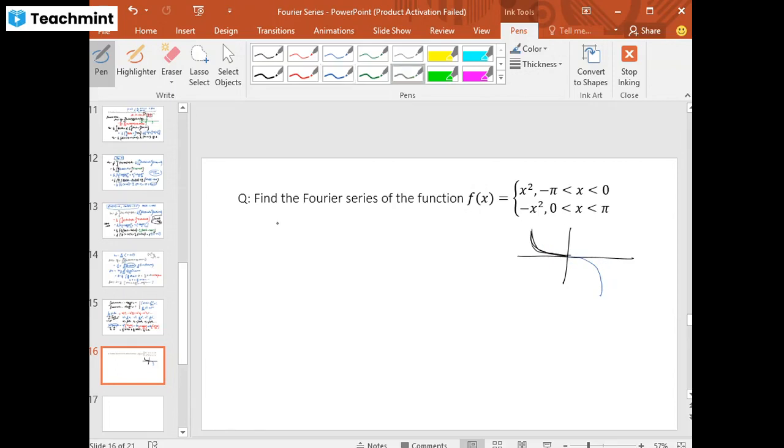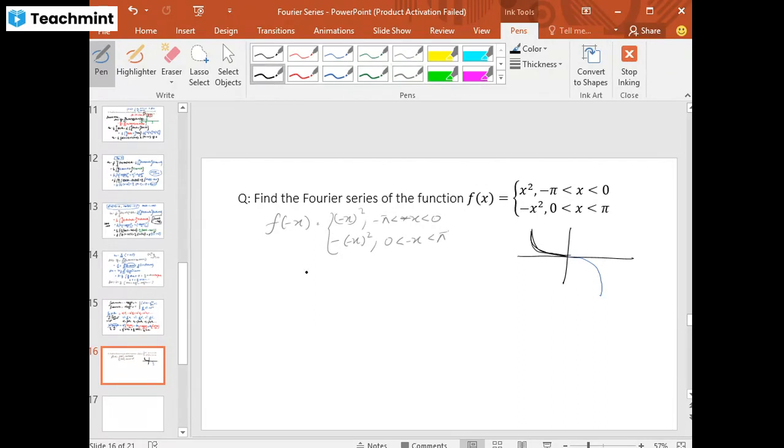So how do we identify what is f of minus x? f of minus x means minus x square in the interval minus pi less than minus x less than 0, and its value is minus of minus x square in the interval 0 less than minus x less than pi.